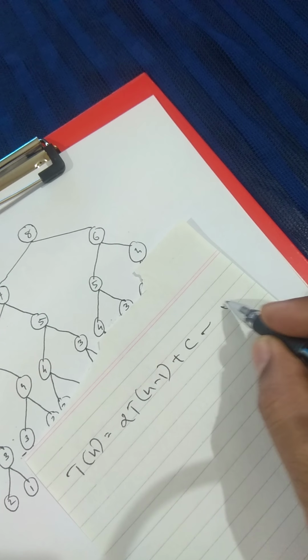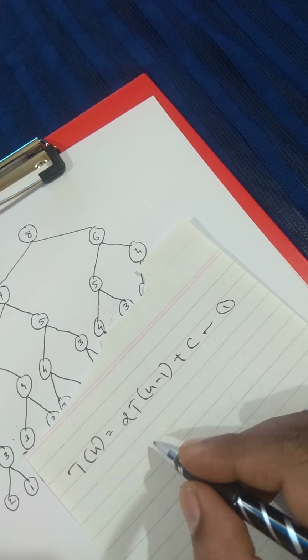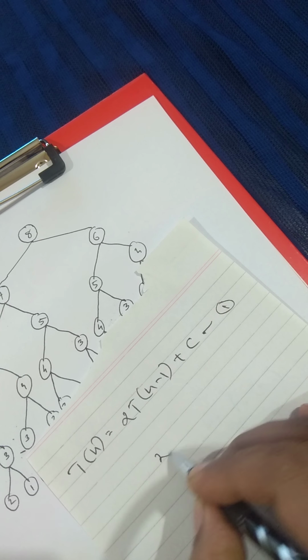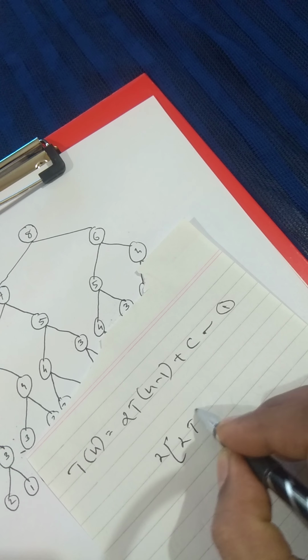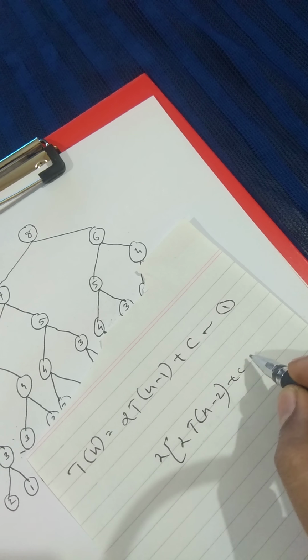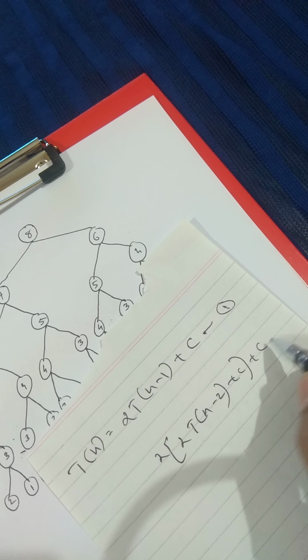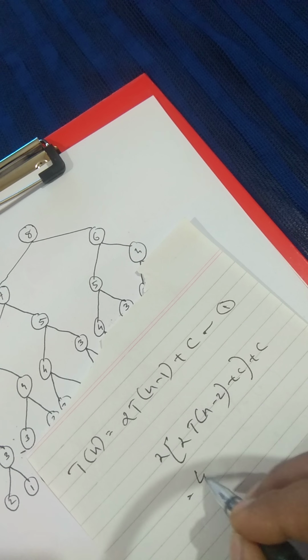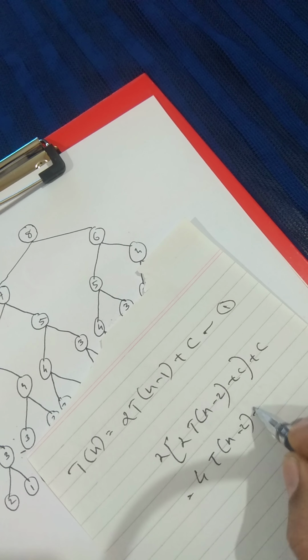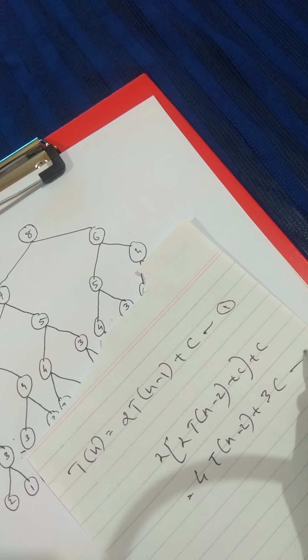Let us use the iteration method. T(n minus 1), in every level it is decremented by 1, gives 2T(n minus 2) plus C, which is equal to 4T(n minus 2) plus 3C.